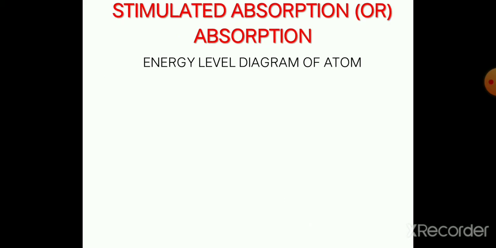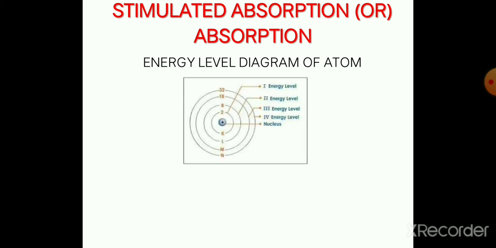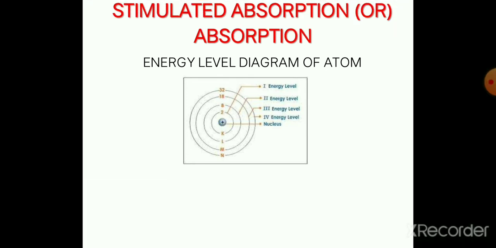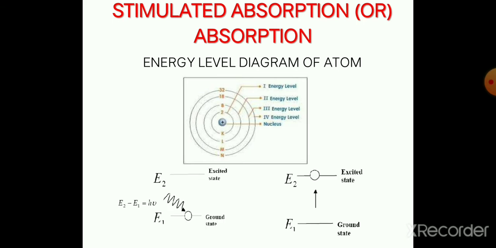Stimulated absorption. We all are familiar with the energy level diagram of an atom. In the diagram, at the center there is the nucleus, and around the nucleus electrons revolve in particular paths, and these paths are called energy levels. Let us consider two energy levels E1 and E2, of the ground state and excited state respectively.